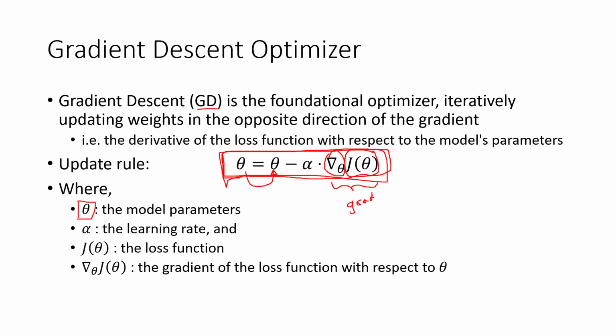And we multiply these gradients with this learning rate, which should be around 0.01 in general, but it can be changed. So this is what we have learned about the gradient descent optimizer. We are updating this theta value by reducing the gradient value multiplied by the learning rate.